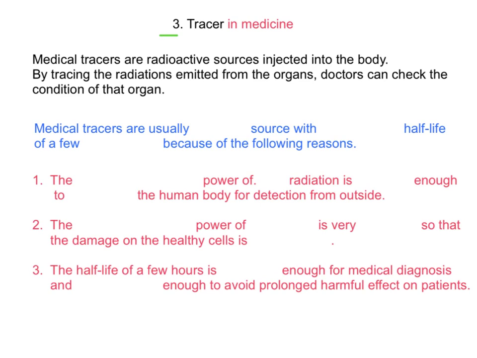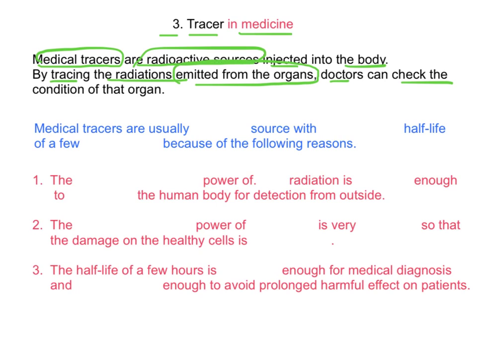The third example is tracer in medicine. Medical tracers are radioactive sources injected into the body. By tracing the radiations emitted from the organs, doctors can check the condition of that organ.